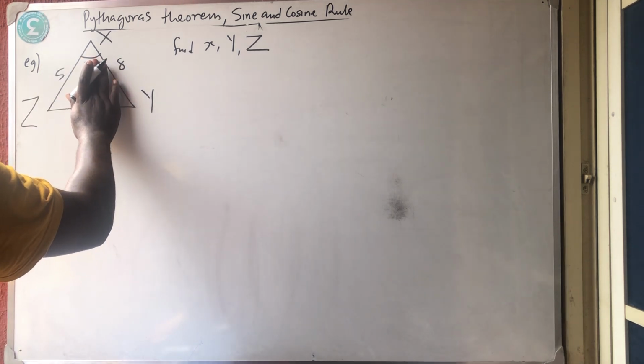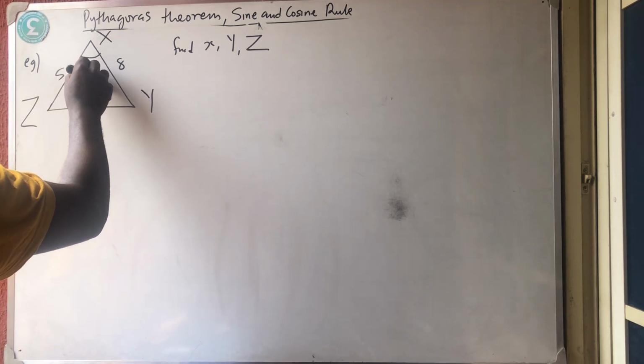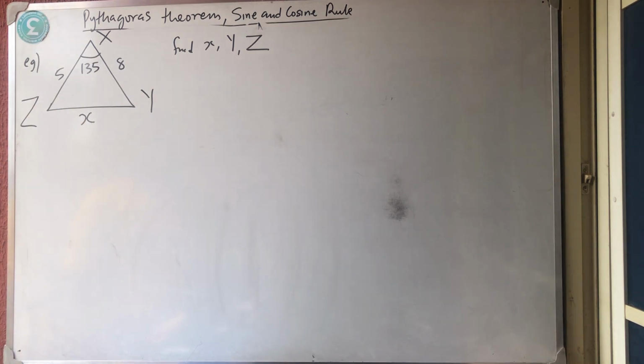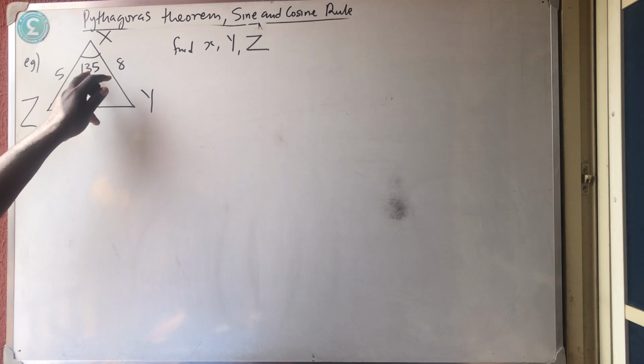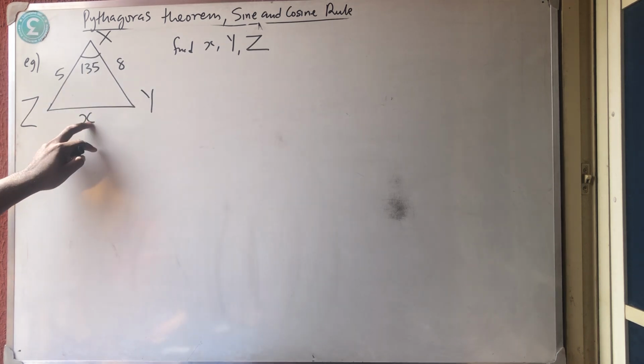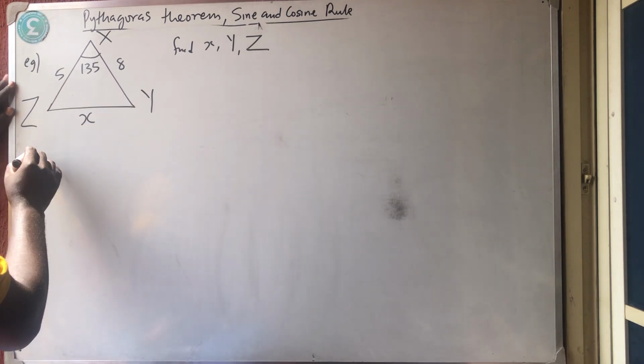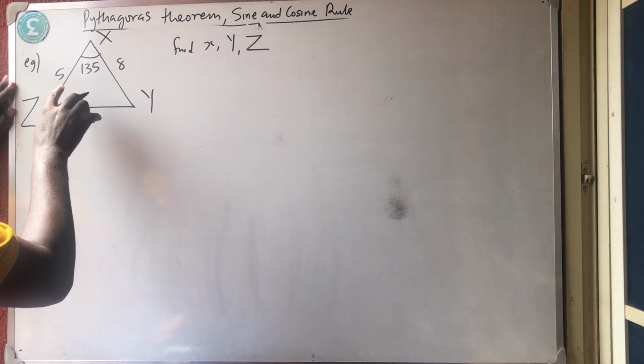Let me use a special angle 135. So what do you think we are going to use here? We are going to use cosine rule, because cosine rule said if 2 sides and one angle in between is given, we can use that. So let me find x. If you are finding this one, x squared should be equal to what? You now start from the other side.